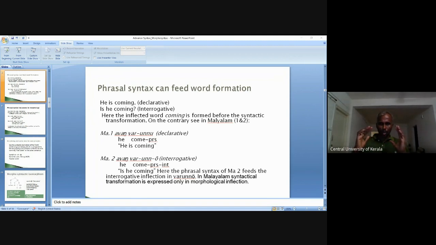It is isomorphic, which indicates an argument by Dixon: today's morphology is yesterday's syntax. You can see how the syntactic structure is clearly reflected in morphological inflection. So it is very clear that morphological and syntactic principles are almost the same.